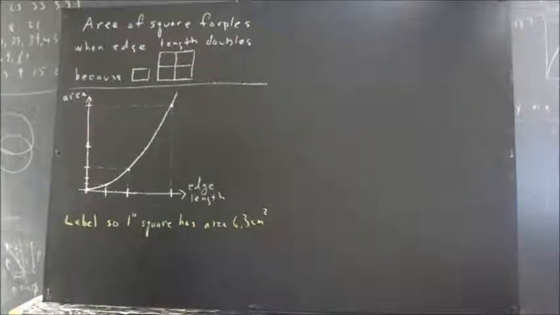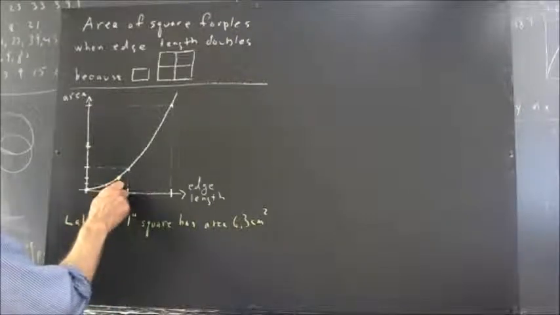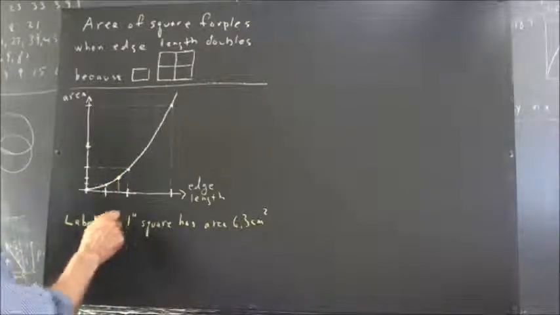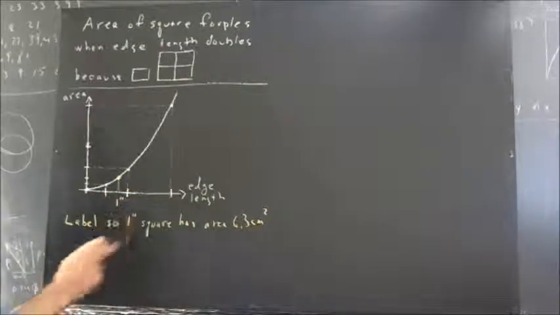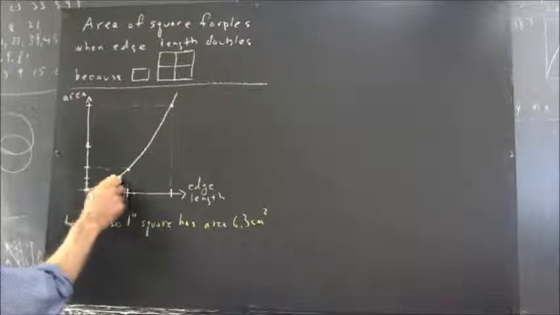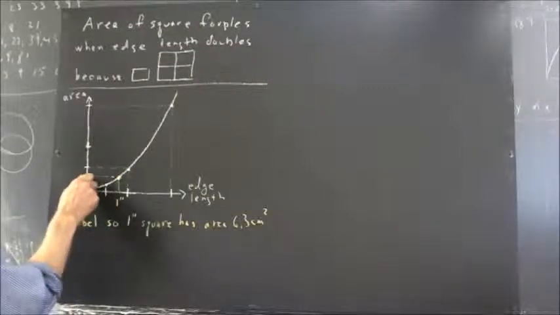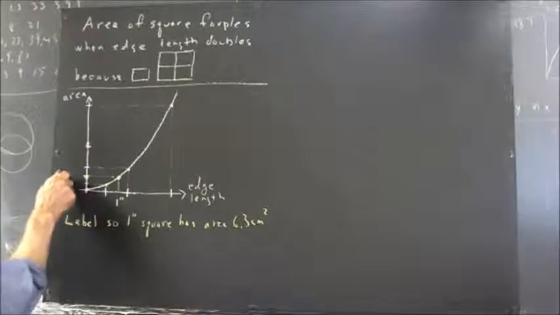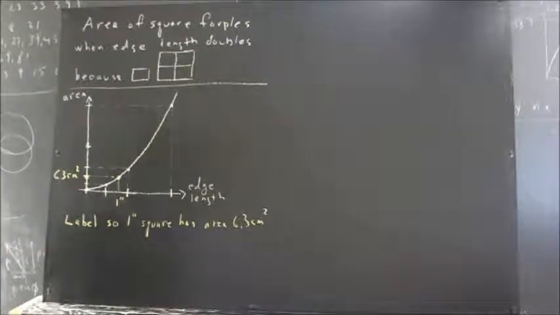To label the graph, we simply choose any convenient point on the graph. I'm going to choose this point here, and we're going to call this 1 inch, because that's the edge length of a 1-inch square, and we're going to call this coordinate here 6.3 square centimeters.